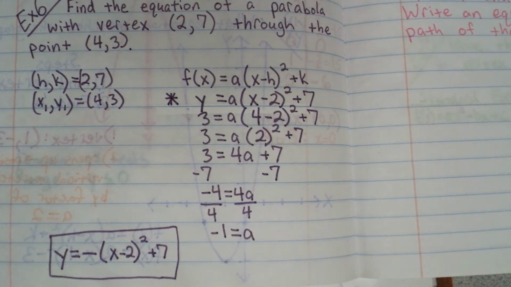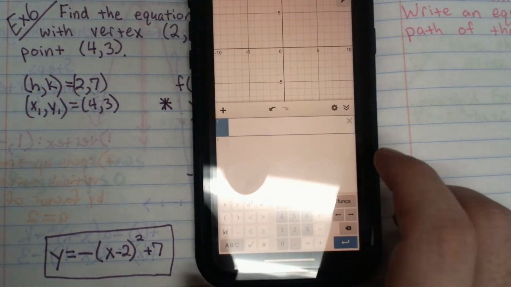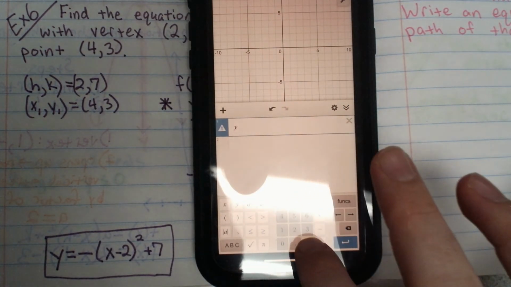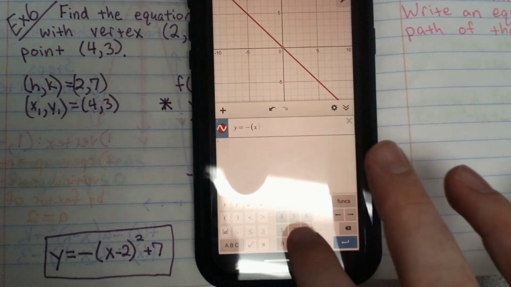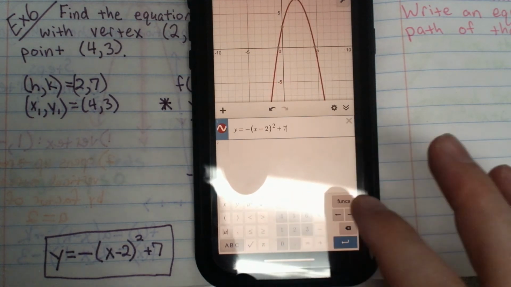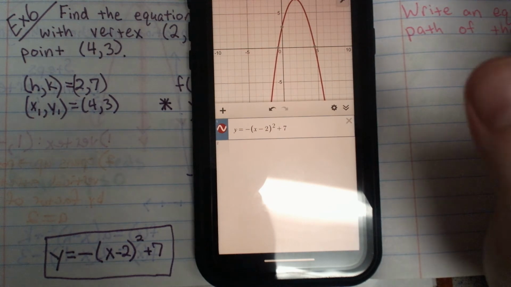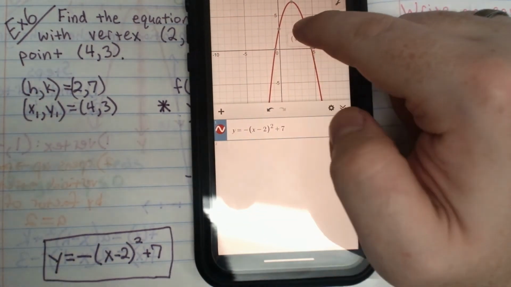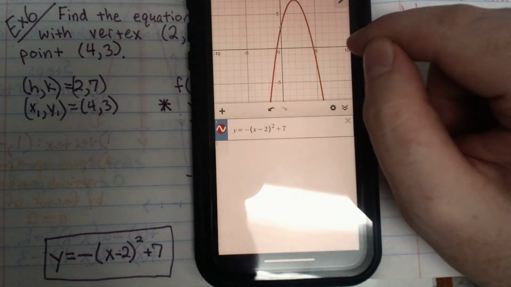And then same thing on Desmos. If we check y equals negative quantity x minus 2 closed quantity squared plus 7, we've got a vertex here at 2, 7. That's for sure. And then here is about where we would find 4, 3.